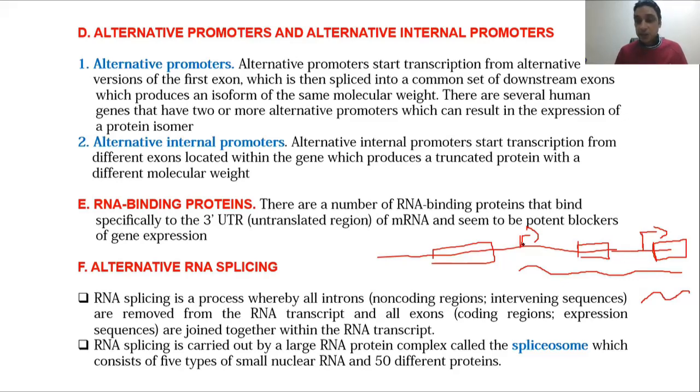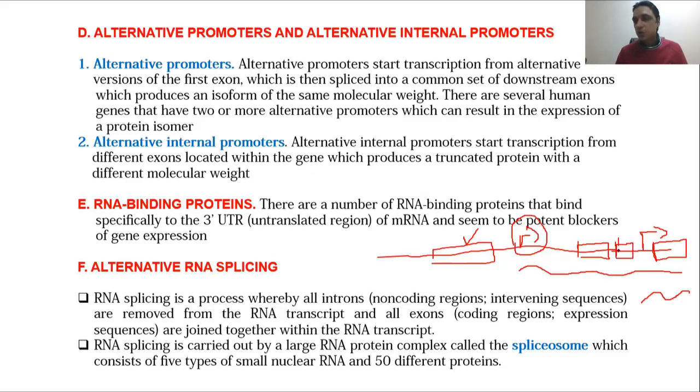Now if the gene starts from this transcription start site, that portion will act as a promoter. But luckily or unluckily, it also contains another transcription start site within itself because of the sequence of the DNA. So for this transcription start site, that portion acts as a promoter.